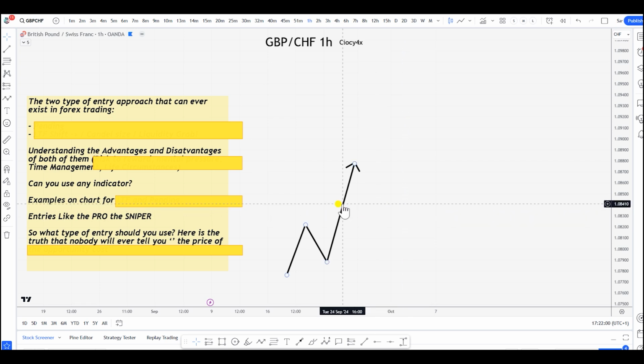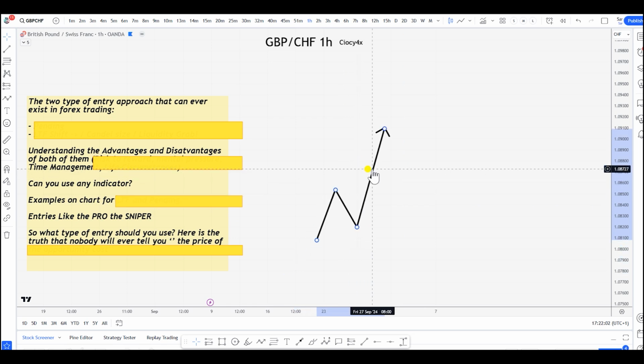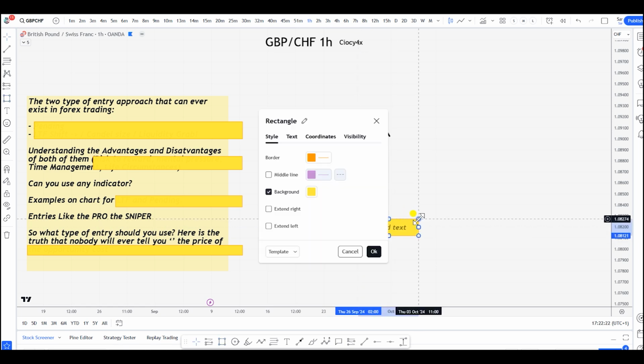But what they forget to understand is this. Whatever strategy you use, make sure you know how to identify your bias. Because if you don't know how to identify your bias, why on earth should you even be looking for your POI, refinement zone, entry zone, or whatever zone you want to call it?